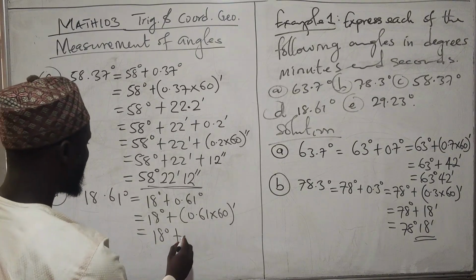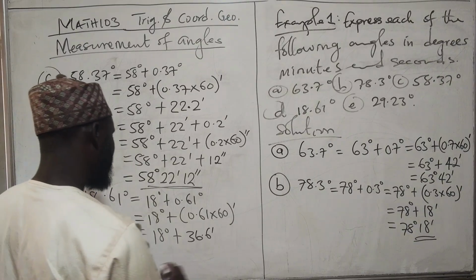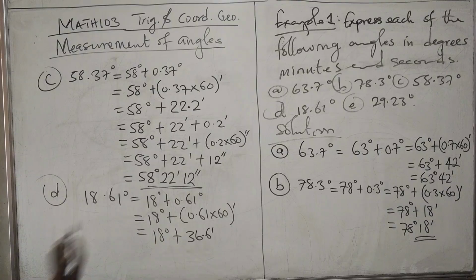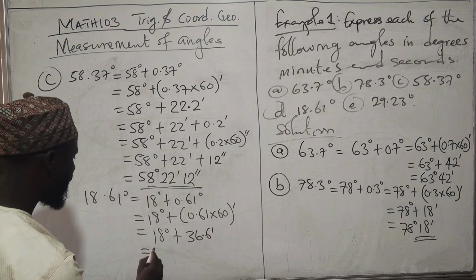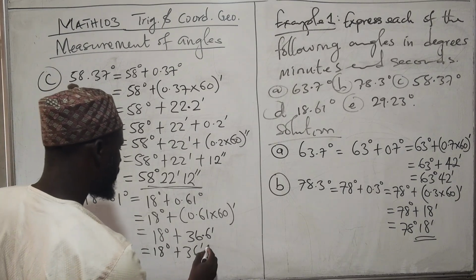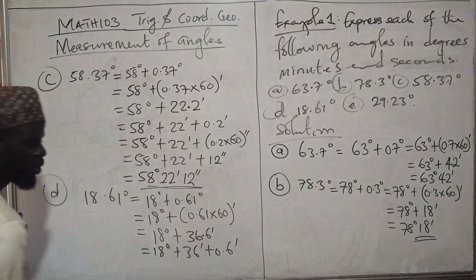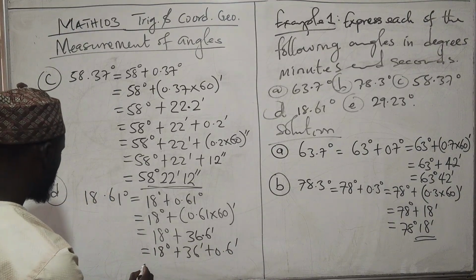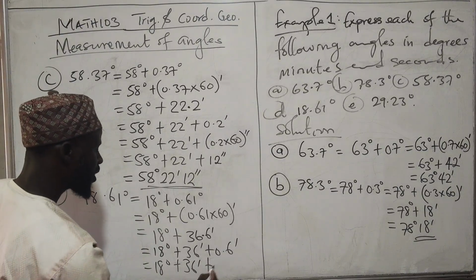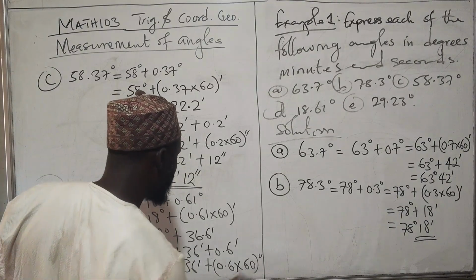But you still have a decimal after converting to minutes. So you split and say this is 18 degrees plus 36 minutes plus 0.6 minutes. So you convert 0.6 to seconds, 0.6 times 60, now in seconds.